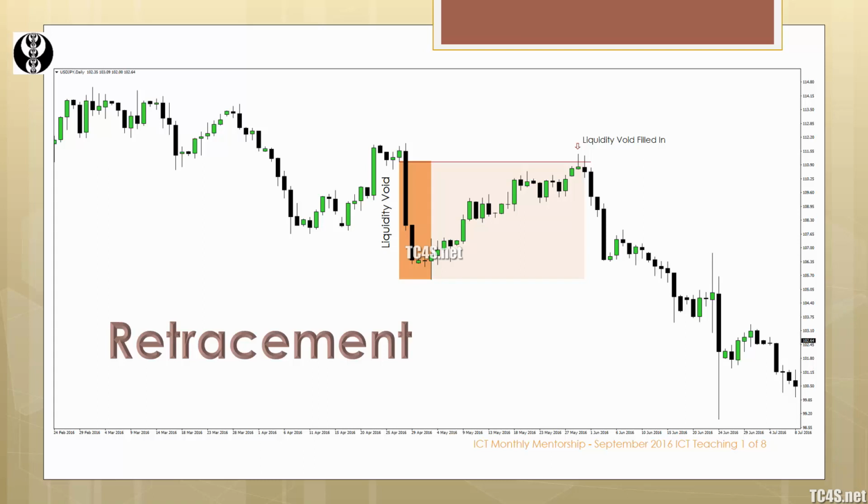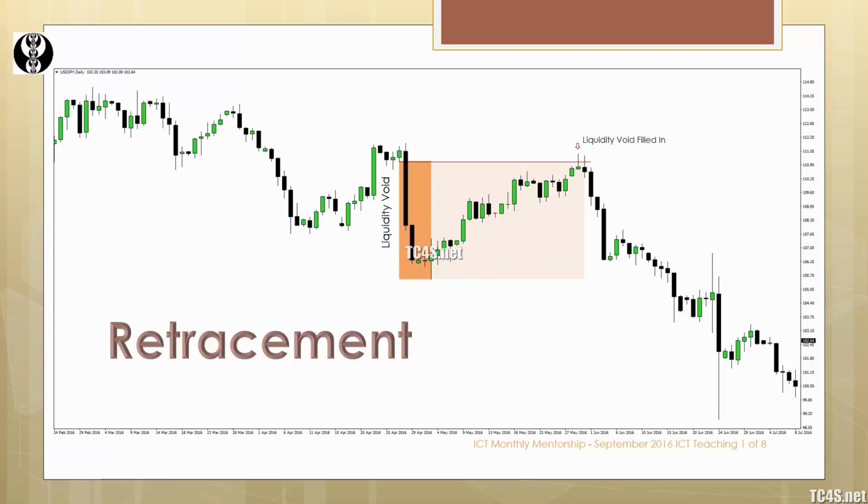It moved too quickly, it skipped, or it created gaps. Well, what we'll do is wait as a trader. We won't chase price. We'll wait and say, okay, there's going to be either an indication to get long and try to fill in that range, or we can wait for it to come all the way back up to it and fill in the liquidity void. Once it hits it, then it'll probably resume going lower.